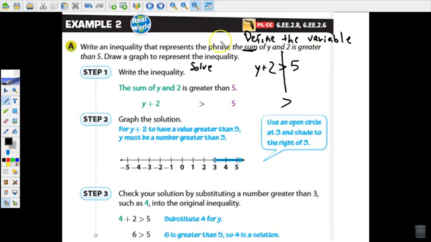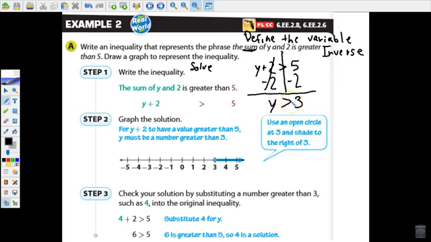So we have to do the inverse, which means the opposite. If we have addition, we must use subtraction. So we subtract the 2 on this side. Then these cross out and y is all by itself. 5 minus 2 is 3. So we end up with our inequality being y is greater than 3.